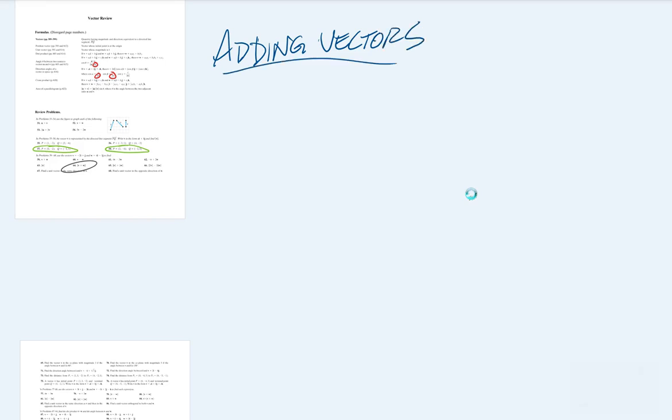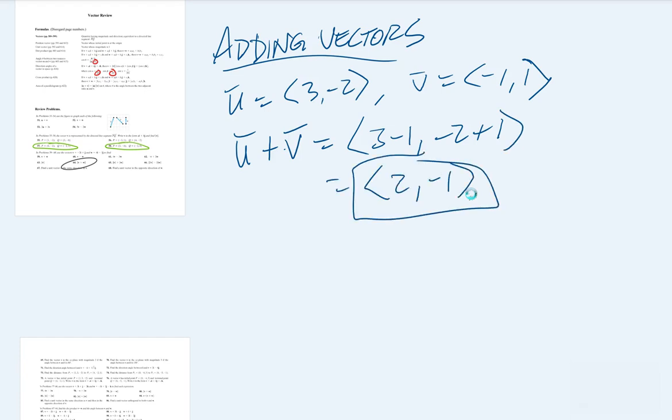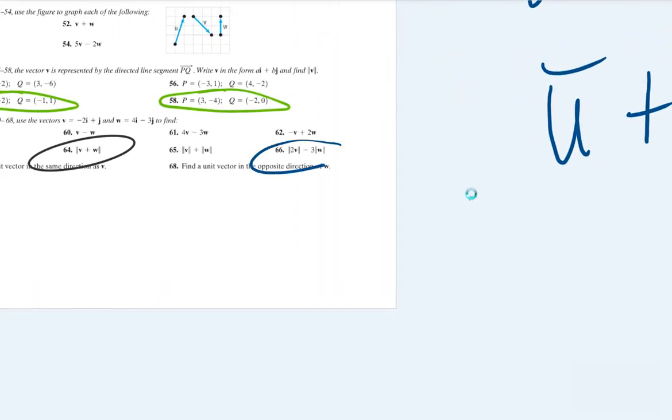Suppose u is 3, negative 2, and v is negative 1, 1. Then u plus v is 3 minus 1, negative 2 plus 1, and that would be 2, negative 1. So that's the answer. That's adding vectors. And then you can add their magnitudes and things like that. I'll let you work on that.